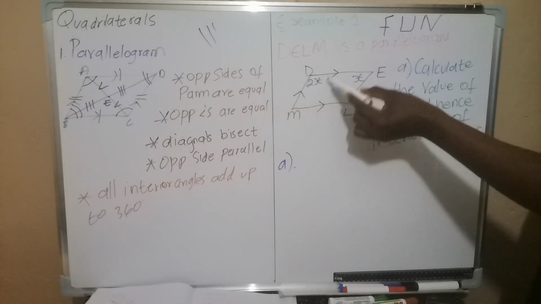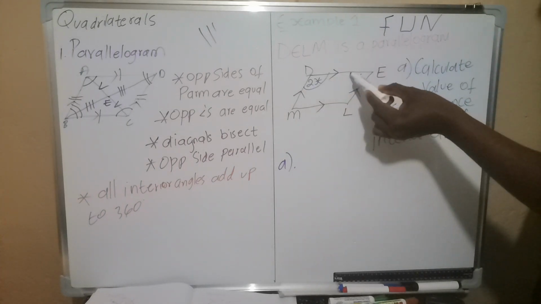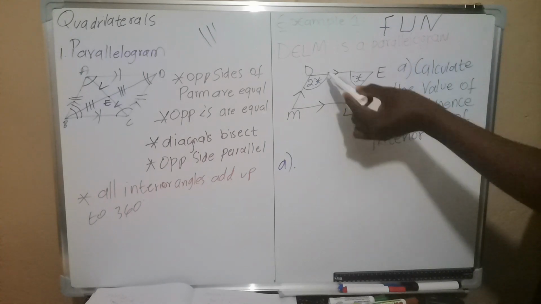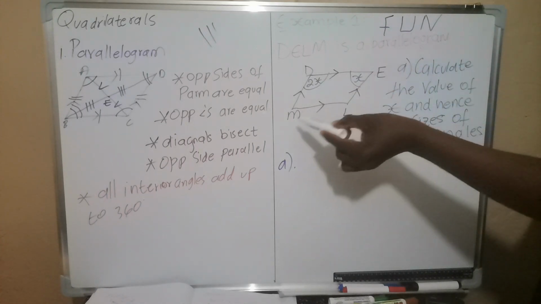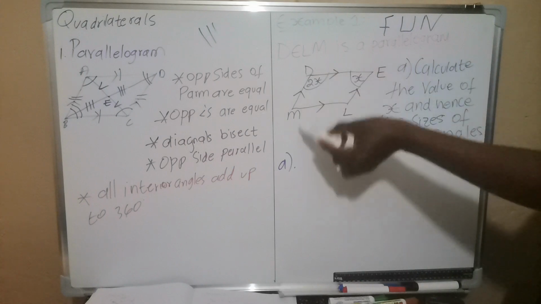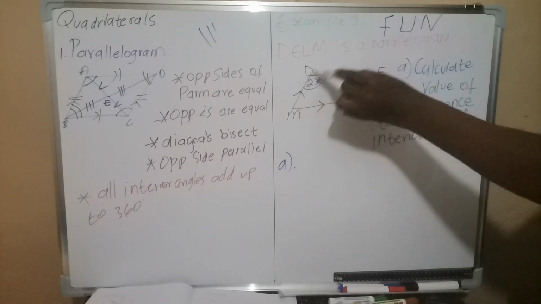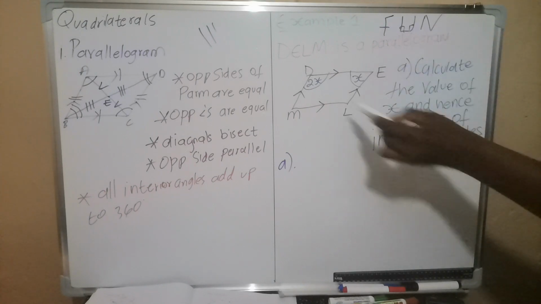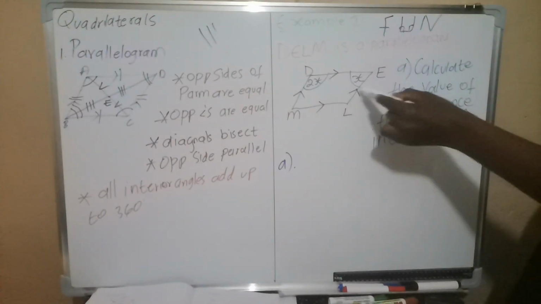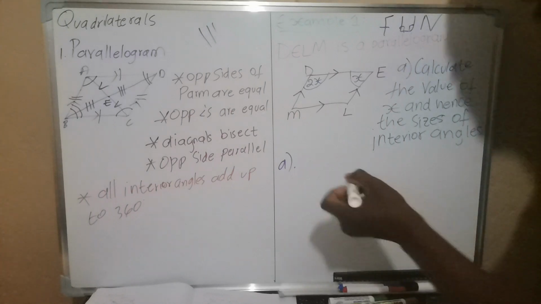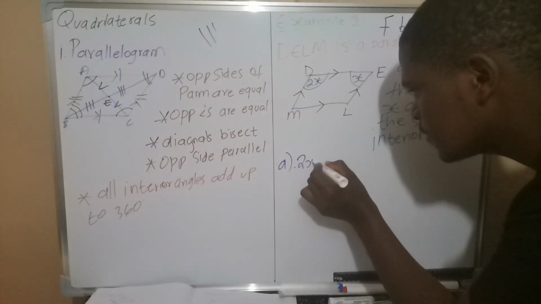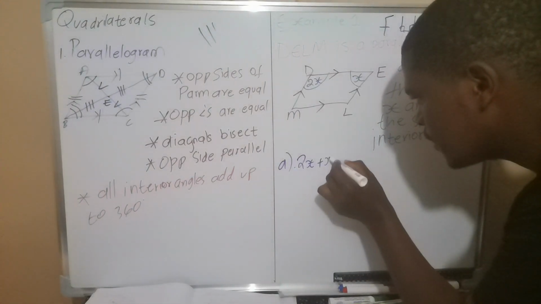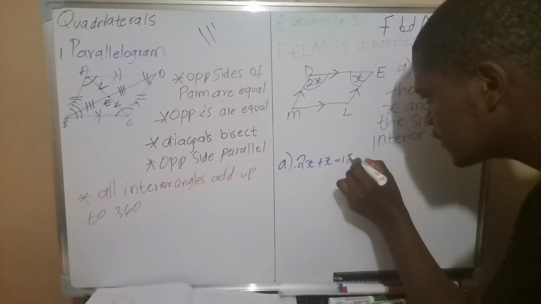You need to find x, and x is here and here. Here's our U, and here are our parallel lines. That means this angle plus this angle equals 180 degrees, and that means 2x plus x equals 180 degrees. Why?